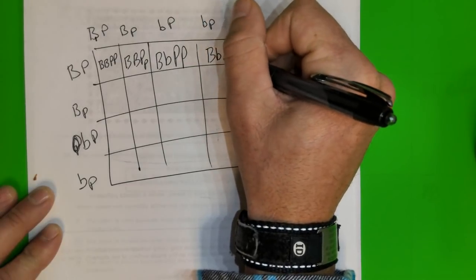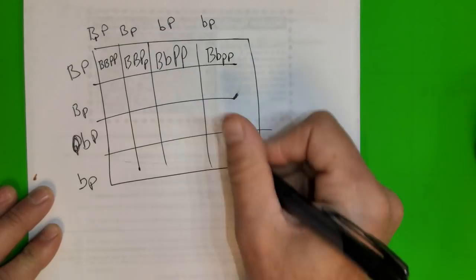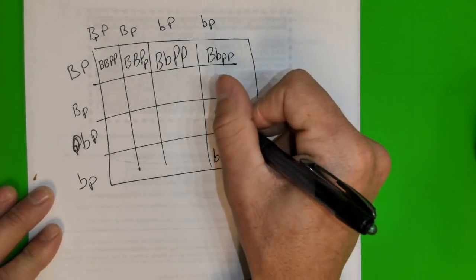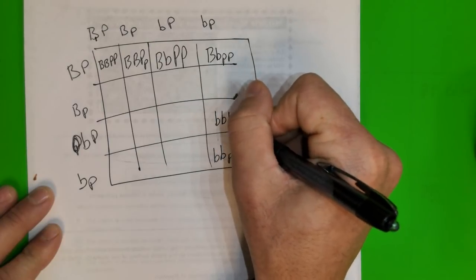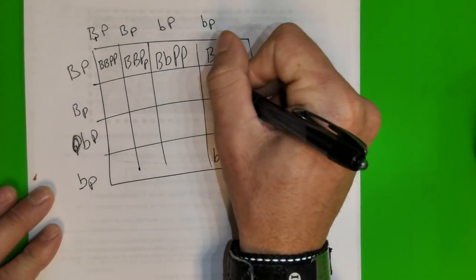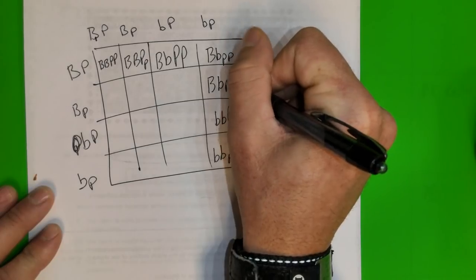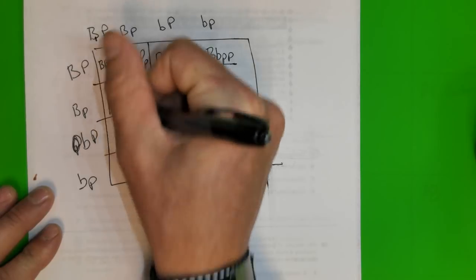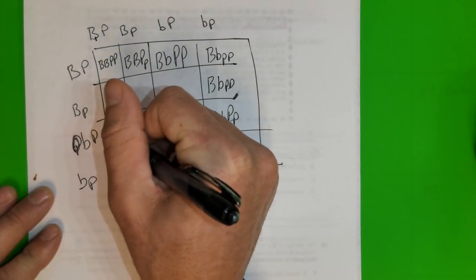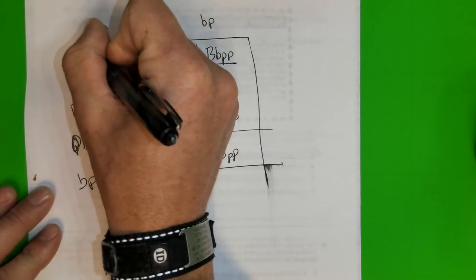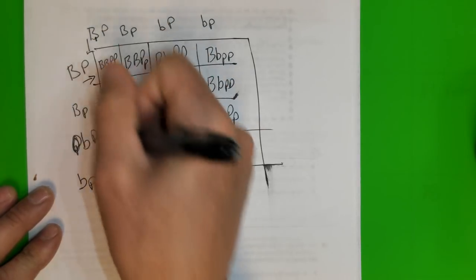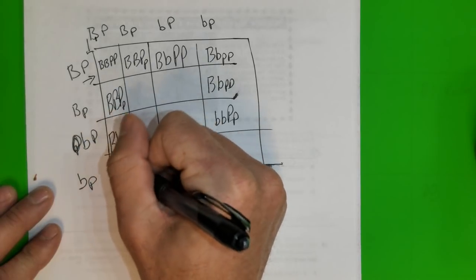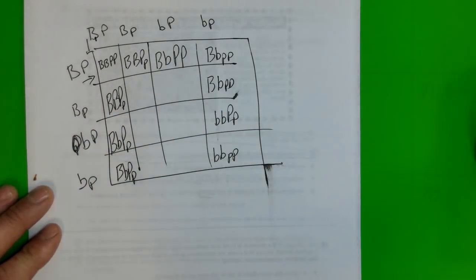So we're going to fill in all of these. So again, I'm bringing these down, and then I'm bringing these across on all of them. Just like a reverse multiplication table, and I'm simply grouping my letters together.